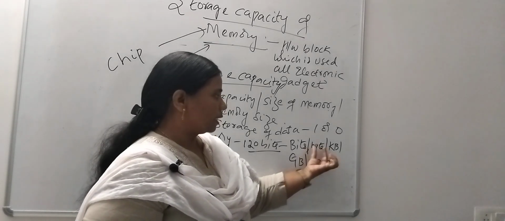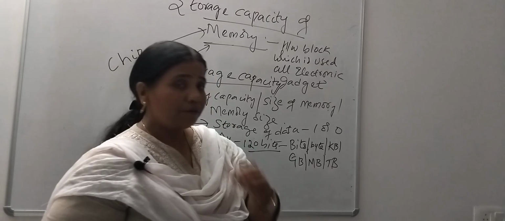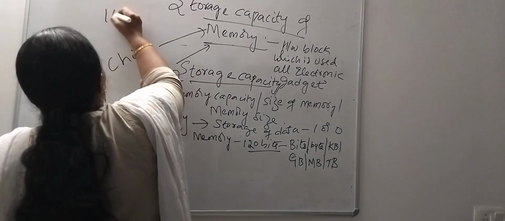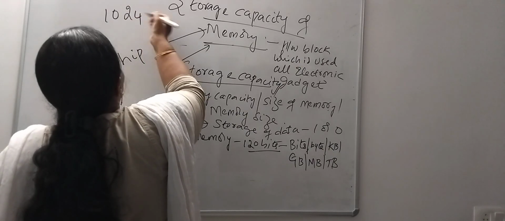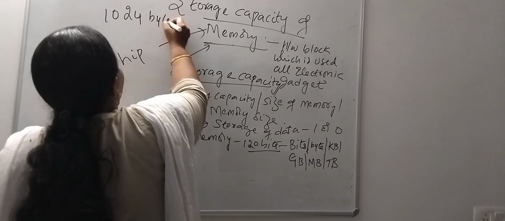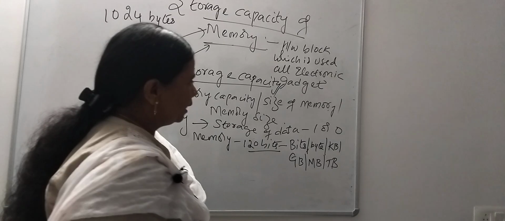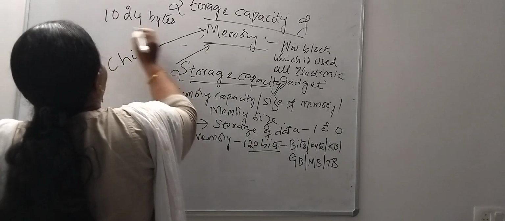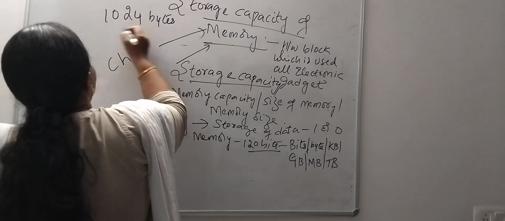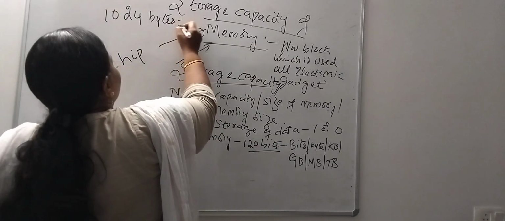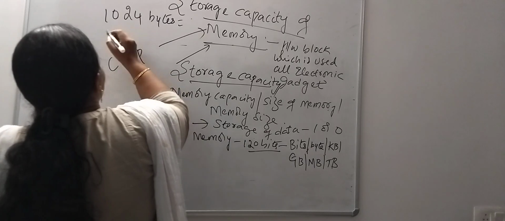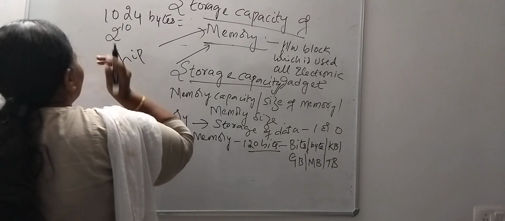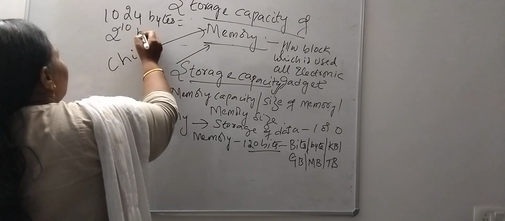Kilobyte means if you take 1024 bytes, then that is called 1 kilobyte. 1 megabyte is how much? 1 megabyte is equal to 1024 kilobytes, which if we express in exponential form, will be equal to 2 to the power of 10 bytes.